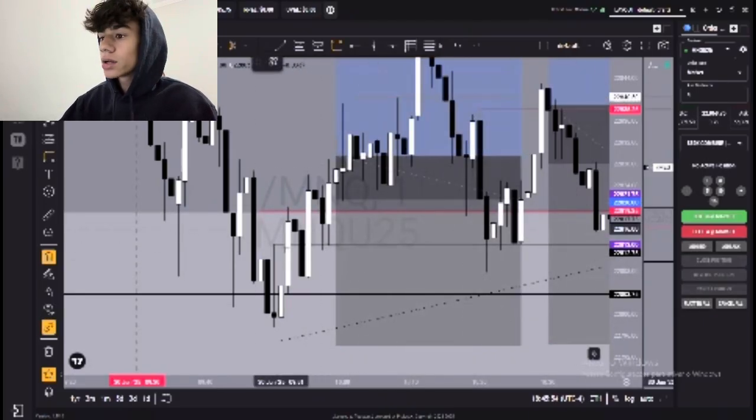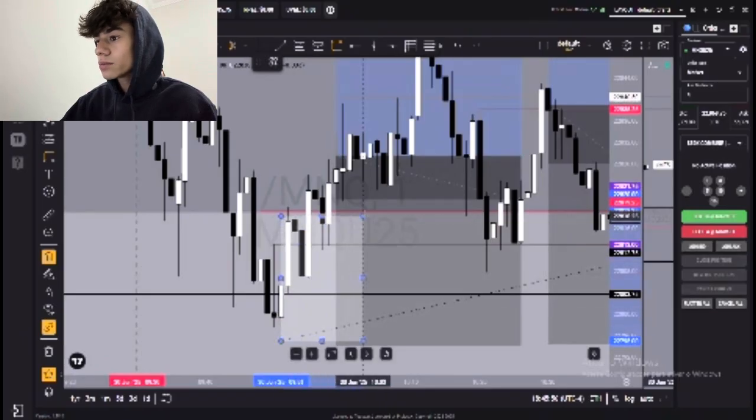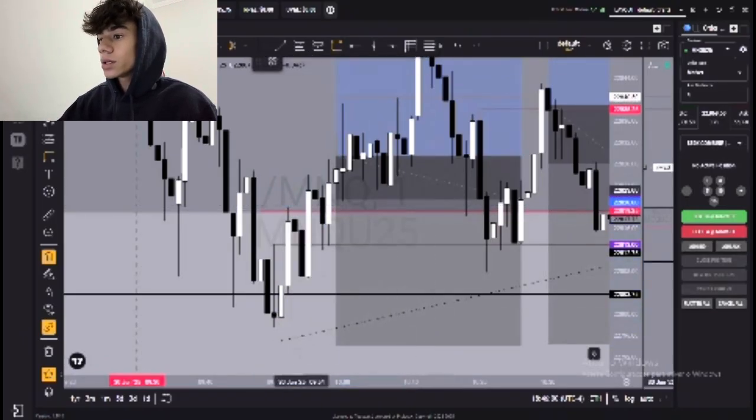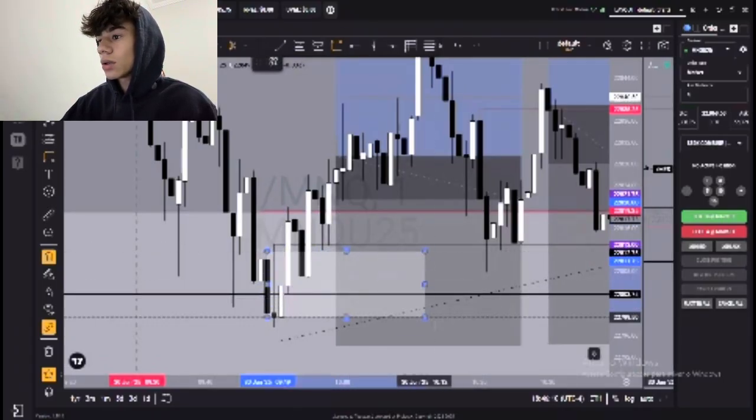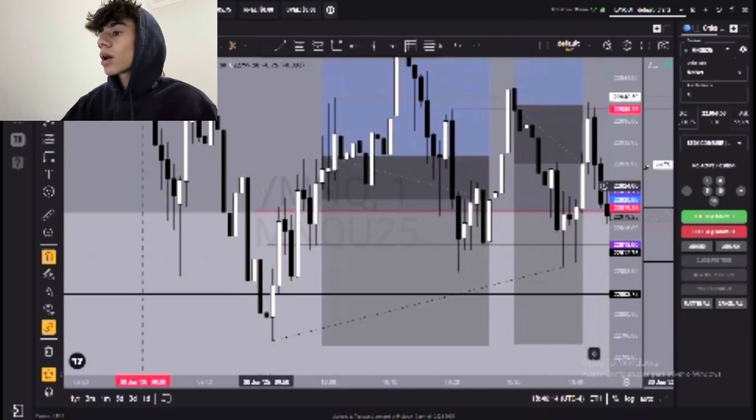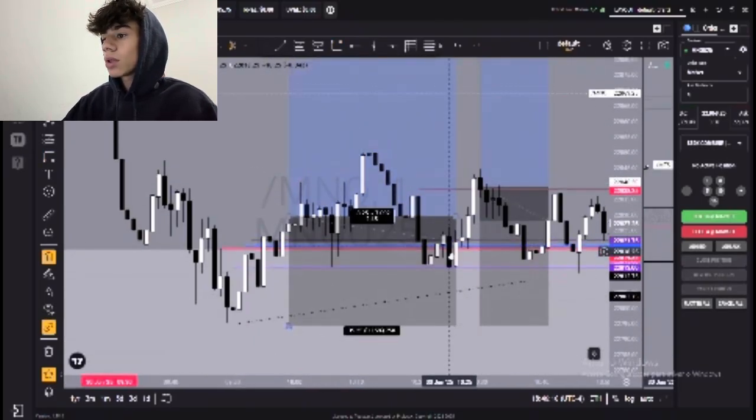This right here is the breaker, and this right here is the order block. Nope, not that one. And this right here, the order block. Right? We filled in the breaker block and order block.